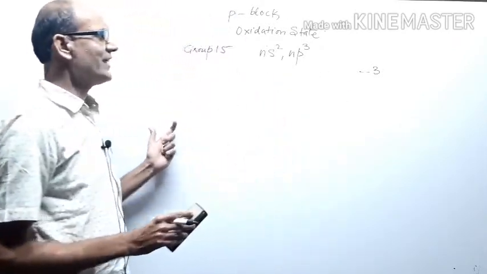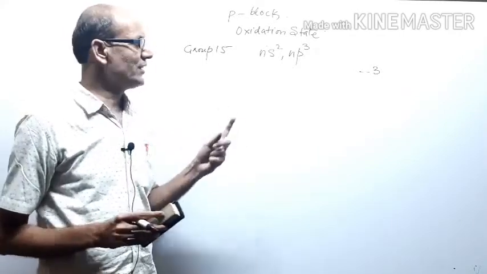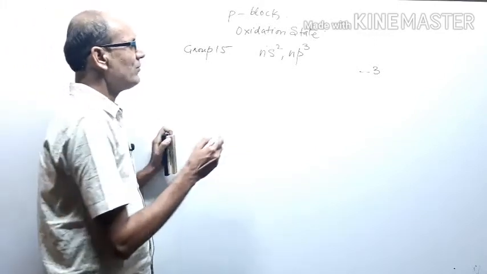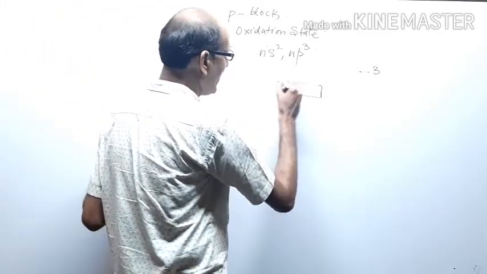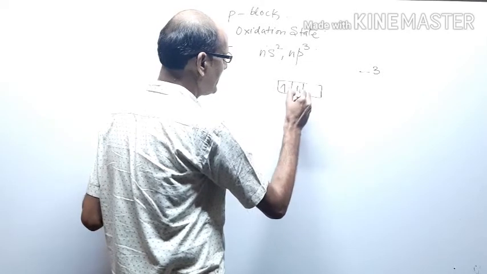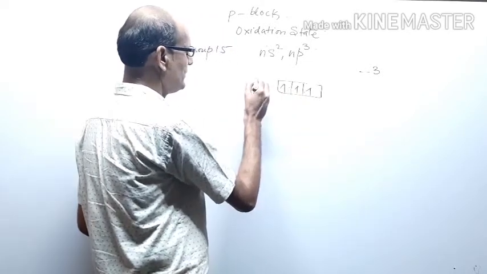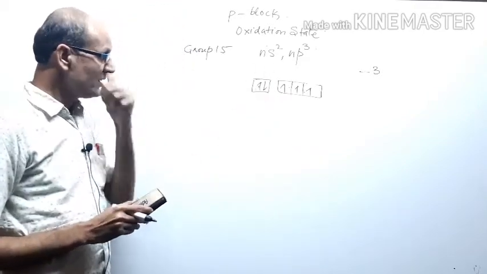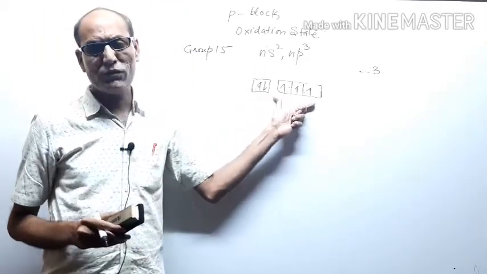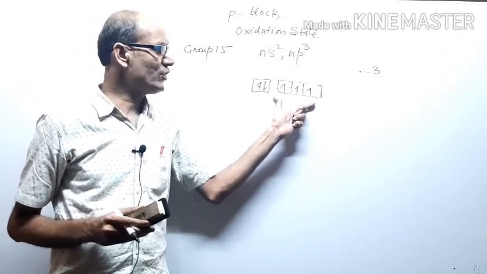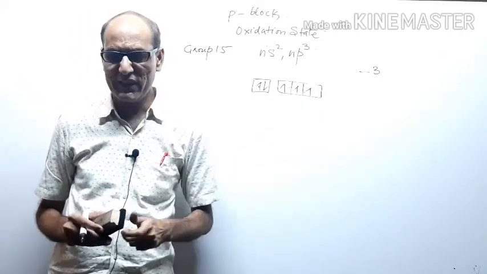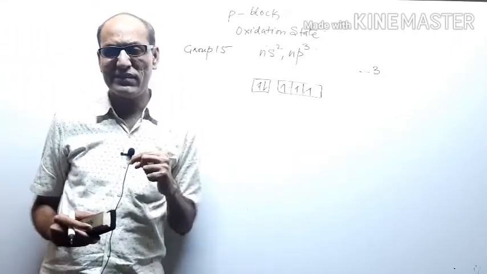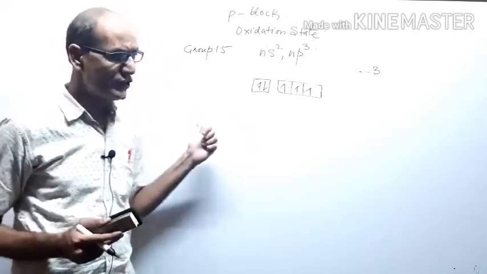As we know, the general electronic configuration of group 15 is ns2 np3, so they can form 3 covalent bonds like this, by sharing of electrons, and achieve the stable configuration. In that case, nitrogen and phosphorus easily show the +3 oxidation state.